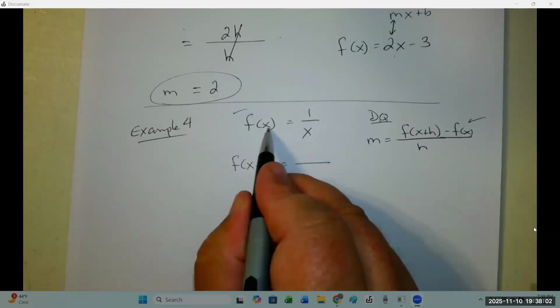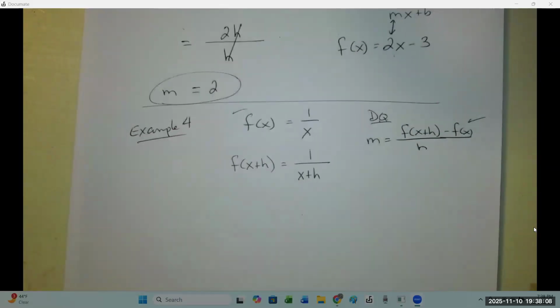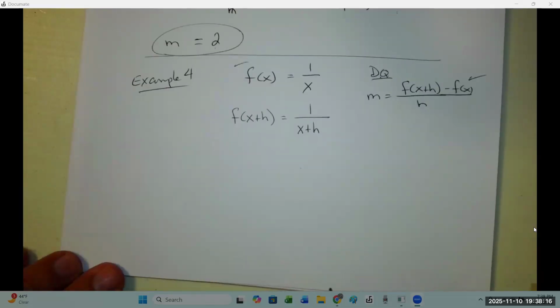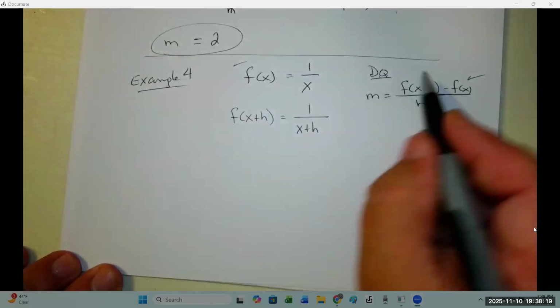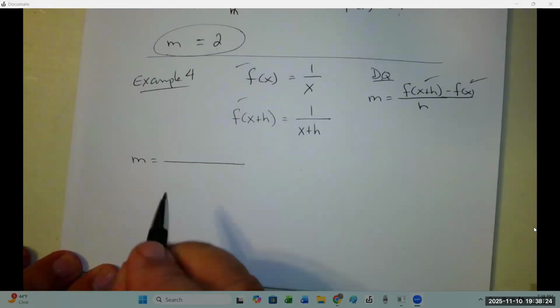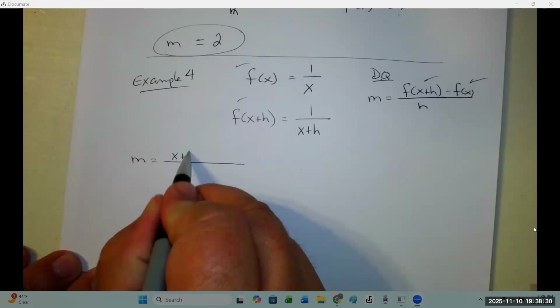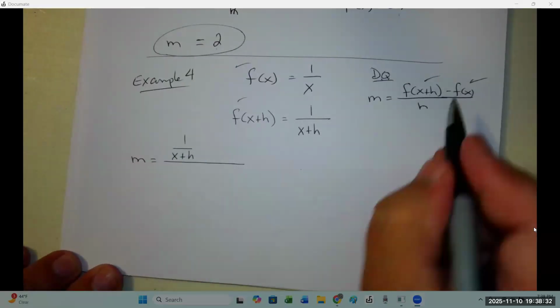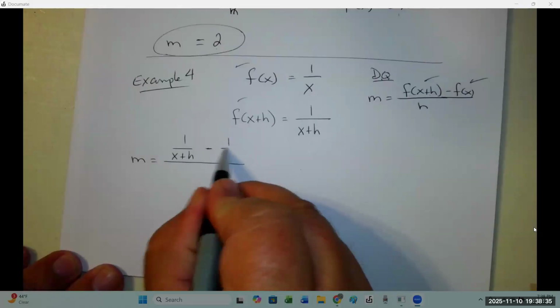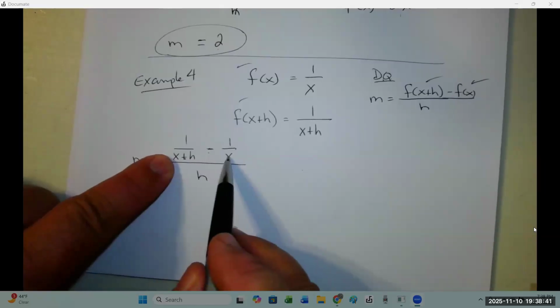All that means is anywhere we see an x in the first equation, we put an x plus h. Now we have both those functions, so now we can find the difference quotient. So f of x plus h is this one, 1 over x plus h, minus 1 over x. So that's f of x plus h minus f of x, all over h.